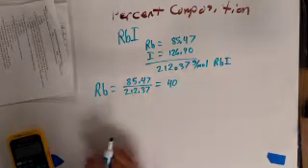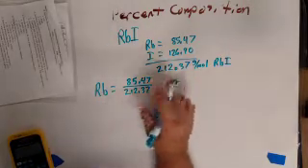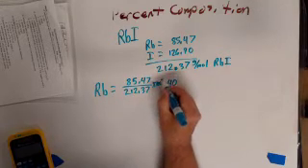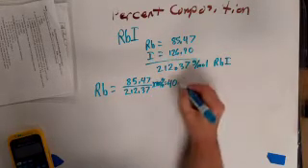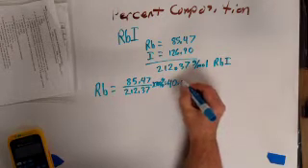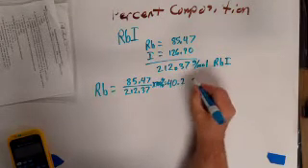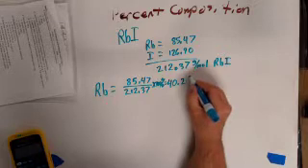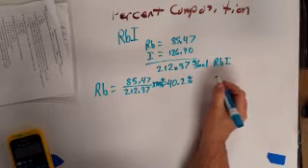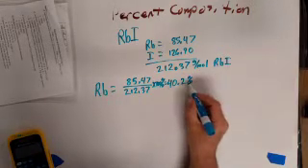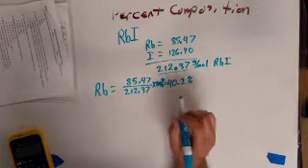Well, I skipped a step. Let me back up a little bit. So times 100% equals 40.2 percent. So 40% of this mass is rubidium.